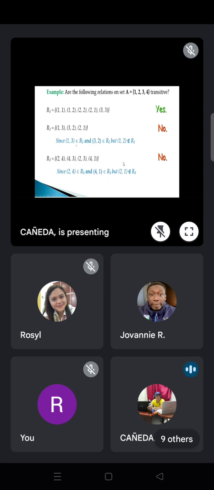Since 1, 3 belongs to R2, then 3, 2 is an element in R2, but the 1, 2 is not an element in R2. Okay, 2, 3, 4, 1. So 2, 4 is an element in R, then 4, 1 is an element. Okay, for that type of relations.